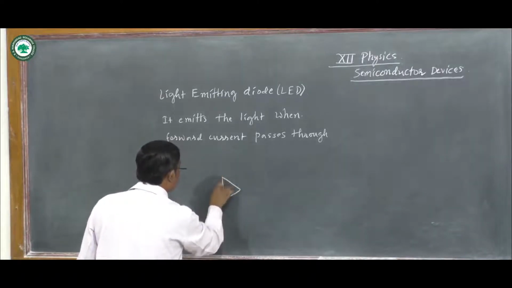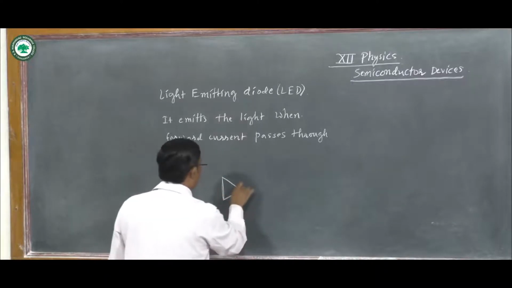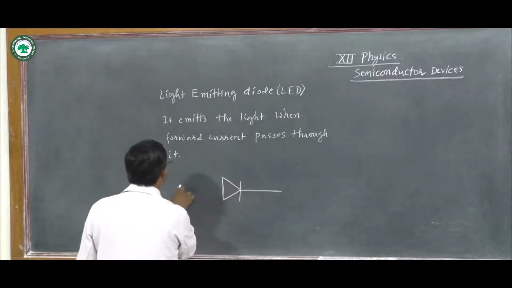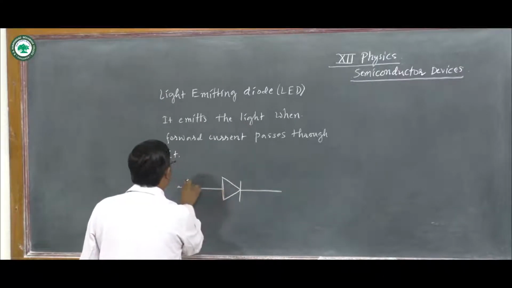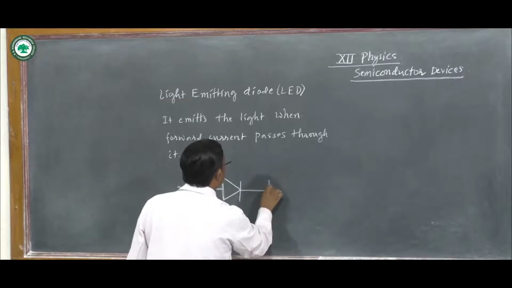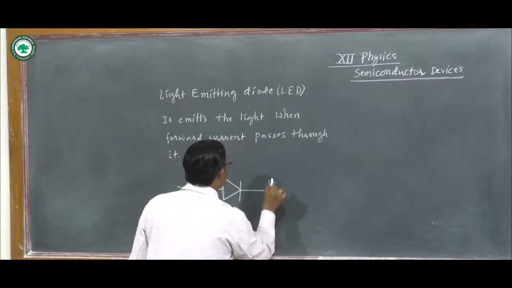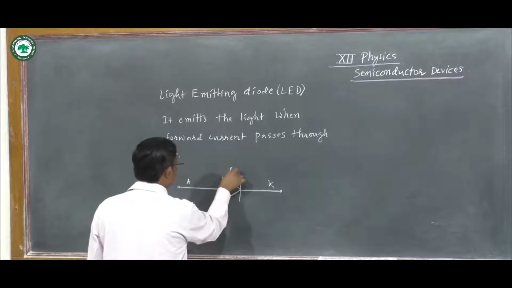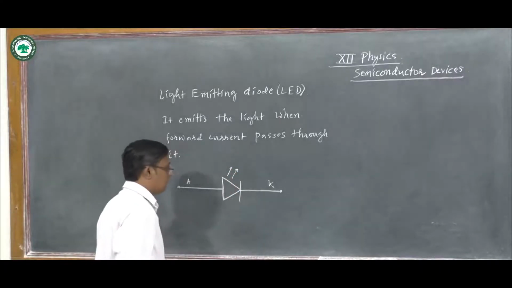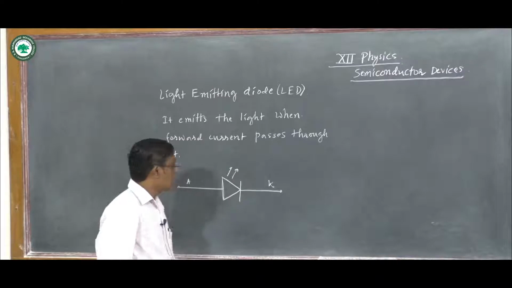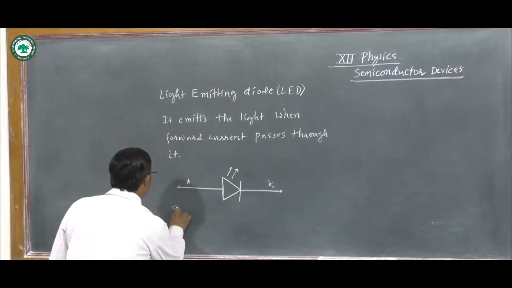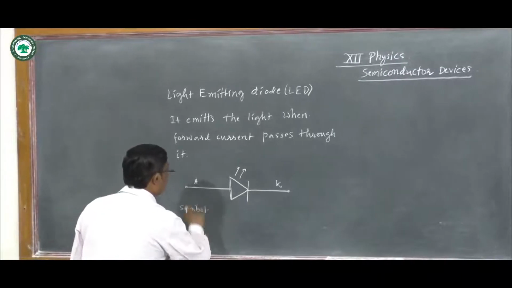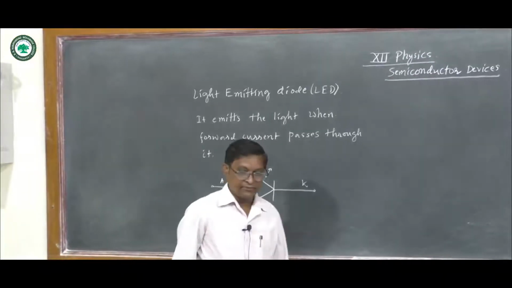Its symbol is such that this triangle shape is the anode of the LED, and the second electrode is the cathode, which emits the light. This is the symbol of this LED.